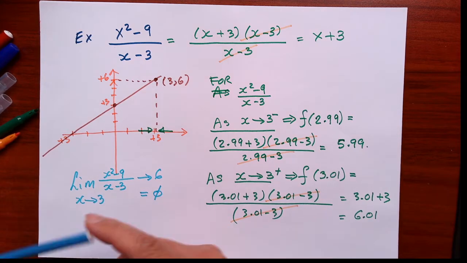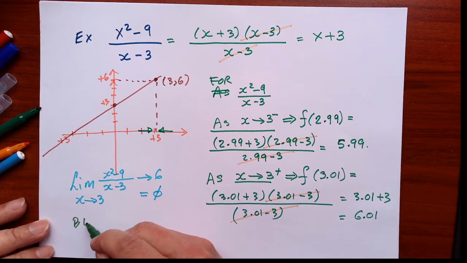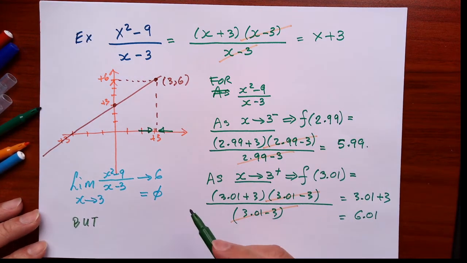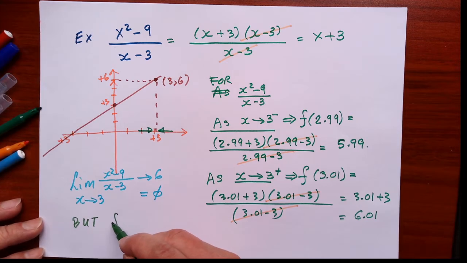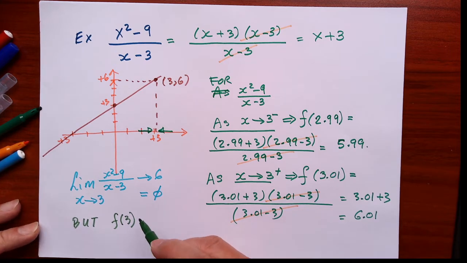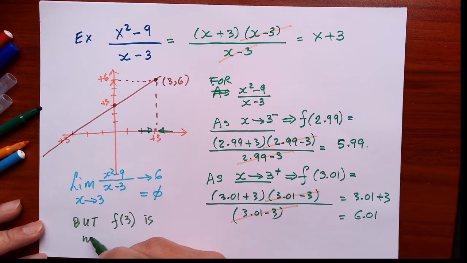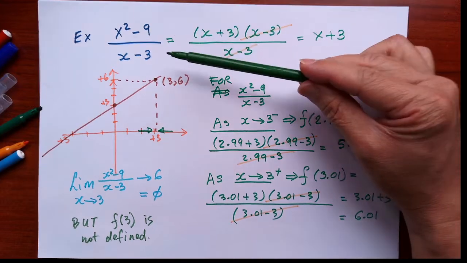But there's a but here. f of 3 is not defined, is undefined, because of the way we have written this function.